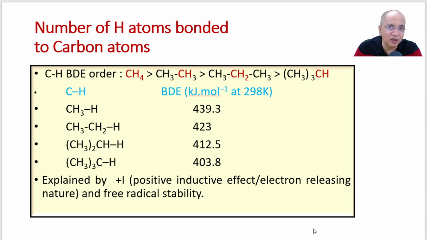We are not supposed to learn the basics of organic chemistry. Forget about it, but yes, it has got a solid explanation as to why there is a slight decrease in the bond energy of the same type of bond CH as the number of hydrogen atoms attached to that particular carbon becomes less and less. 4 maximum, 3 less than that, 2 still less, 1 least.